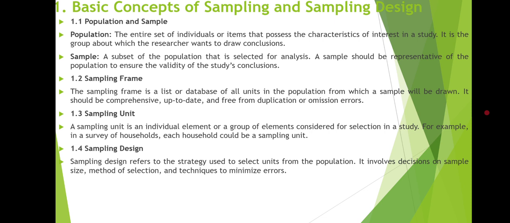For example, in a survey of households, each household could be a sampling unit. And in the different districts, we take a sample of male and female. So this is called the sampling unit. Next, we have the sampling design. Sampling design refers to the strategy used to select units from the population. It involves decisions on sample size, method of selection, and techniques to minimize errors.